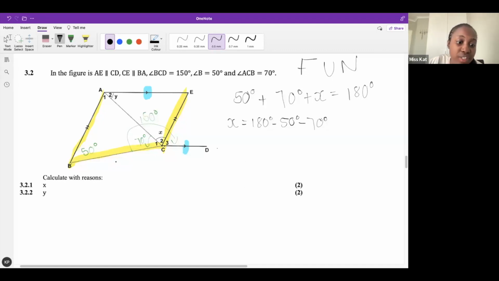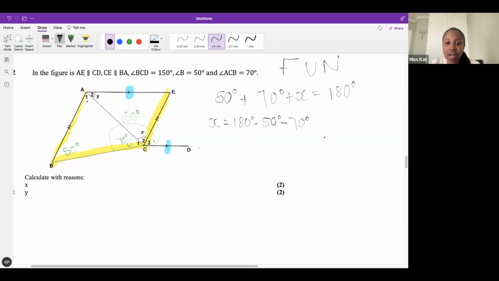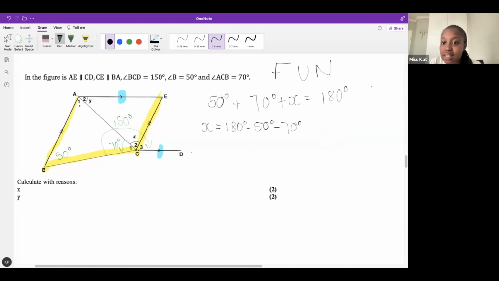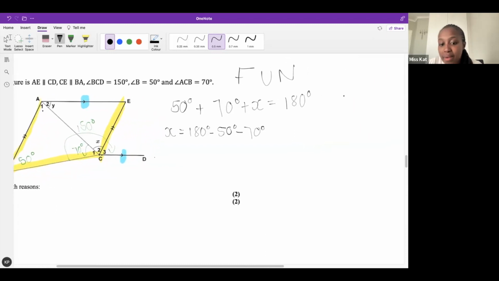So if you say 50 plus 70 plus A1 equals 180, and your reason is interior angles of a triangle, then you can find A1, and then you can do your Z and say A1 is equal to C2, and you'll get the same answer. Beautiful. I didn't even see that. That's nice. Thank you, ma'am.